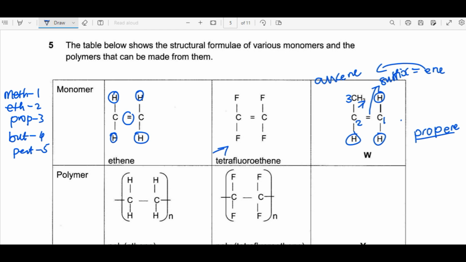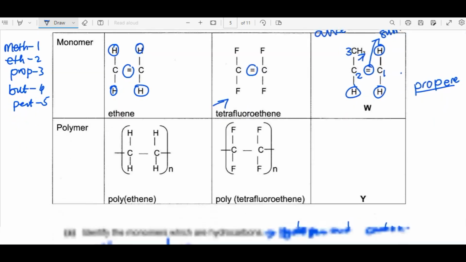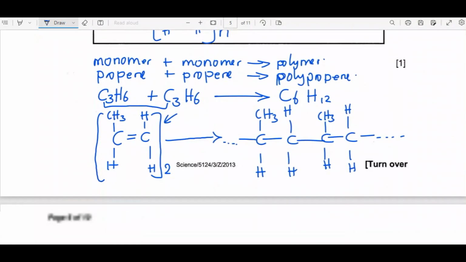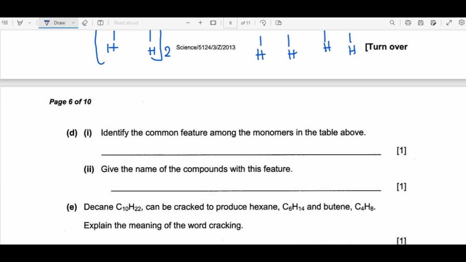Tetrafluoroethene has a double bond. Then W also has a double bond. So that is the common feature that we can see. So say they all contain a double bond between two carbon atoms.